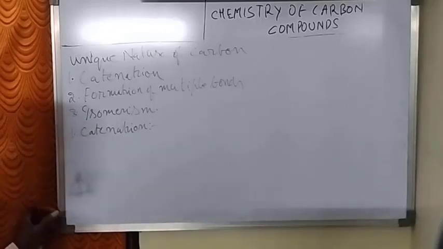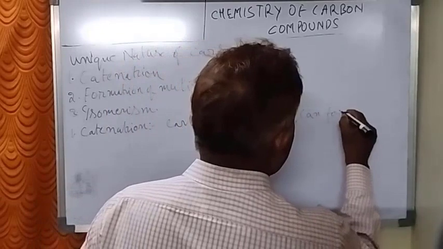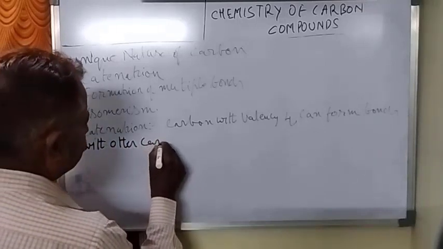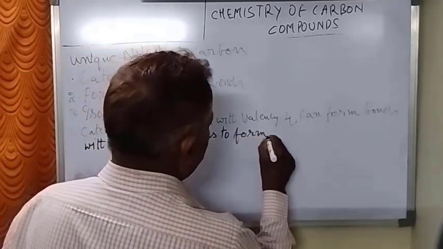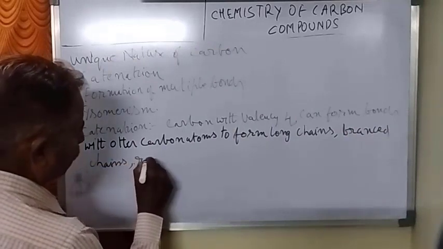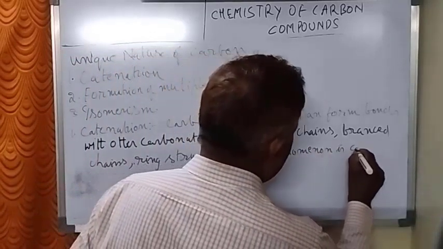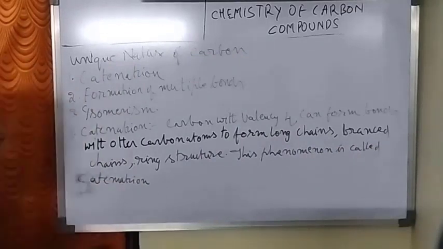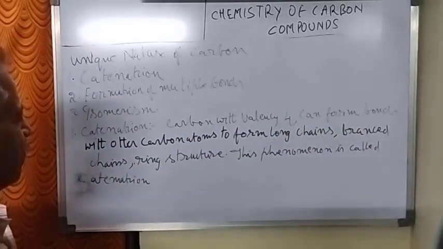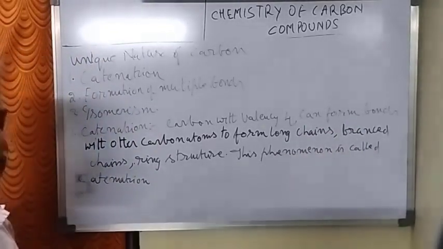This property is known as catenation. Carbon with valency 4 can form bonds with other carbon atoms to form long chains, branched chains, ring structures. This phenomenon is known as catenation.